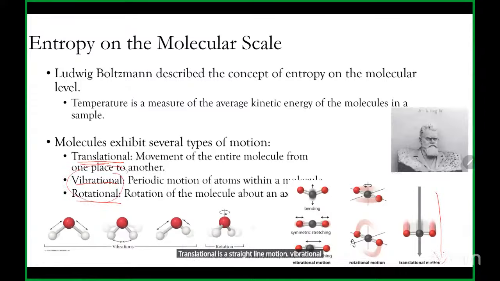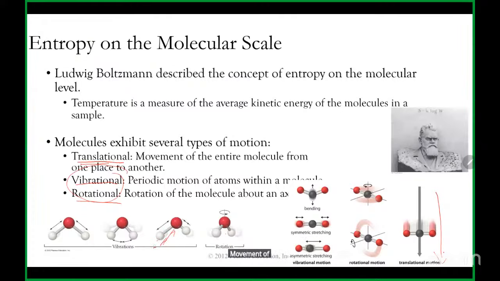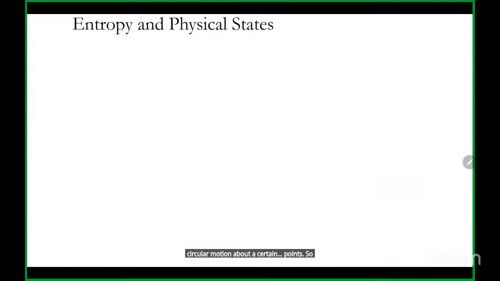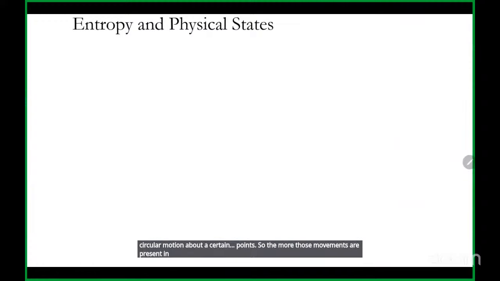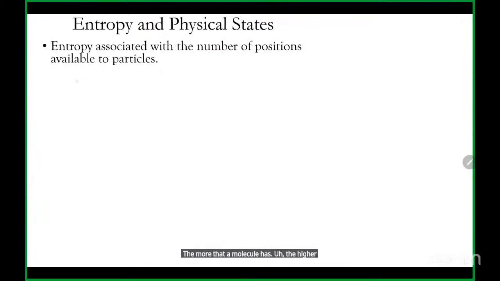Vibrational is the back and forth movement of bonds, or the opening and closing of angles. Then rotational is circular motion about a certain point. The more those movements are present in a molecule, the higher the entropy of that molecule.